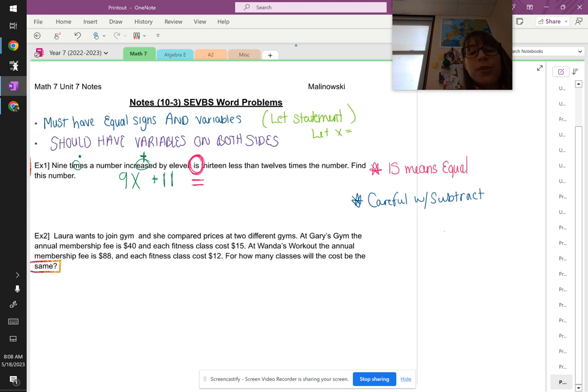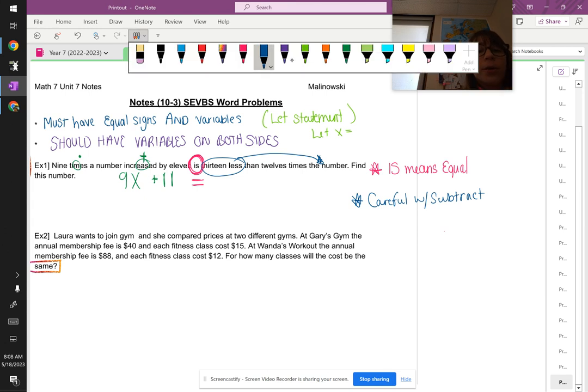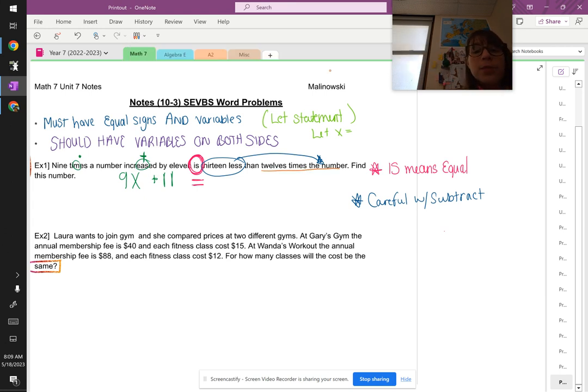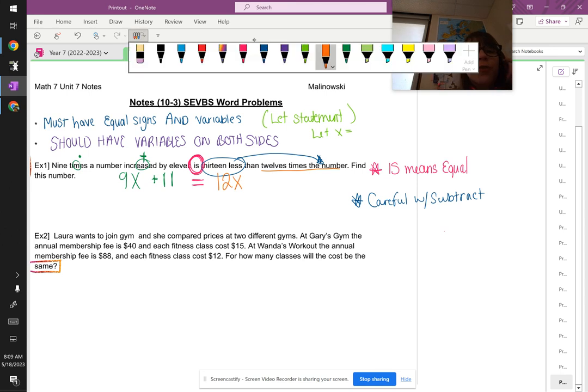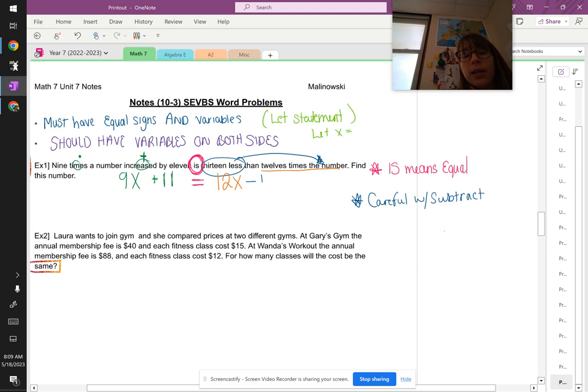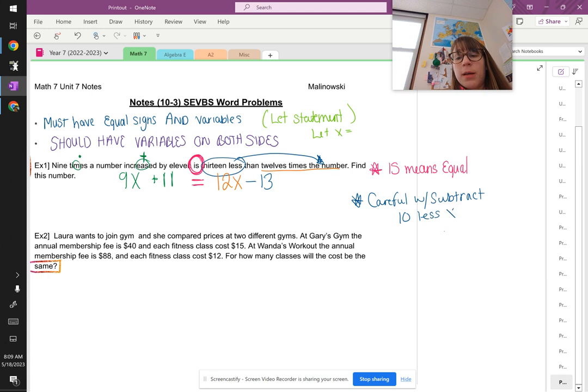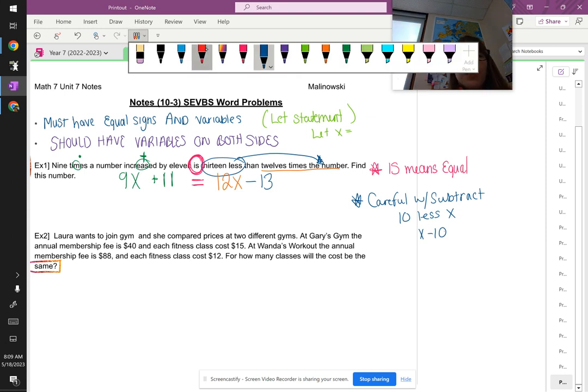So when this says 13 less, that has to go behind the 12 times the number. The 12 times the number, that 12 times x or 12x, has to come first. Then we're taking the minus 13 in the back after with that. And again, just a little example to remind you of that. 10 less than x means x minus 10, not 10 minus x. All right, hard part is done.